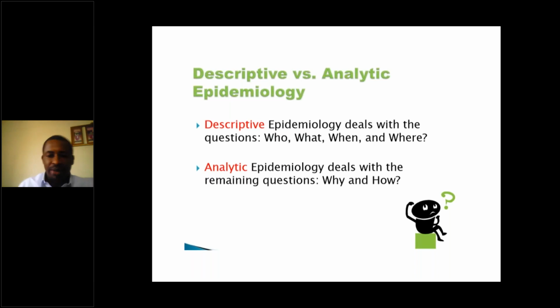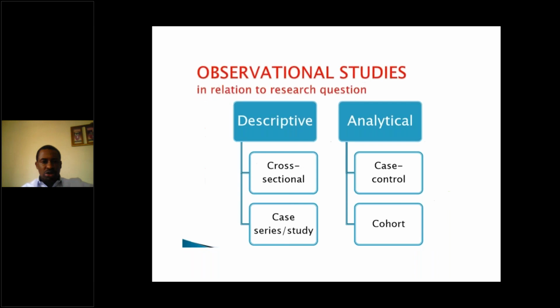What: what are we trying to study about this group of people? When are we trying to study this? Where are we trying to study this? Or you can do an analytical study, where you look at why are we studying it, and how are we studying it.